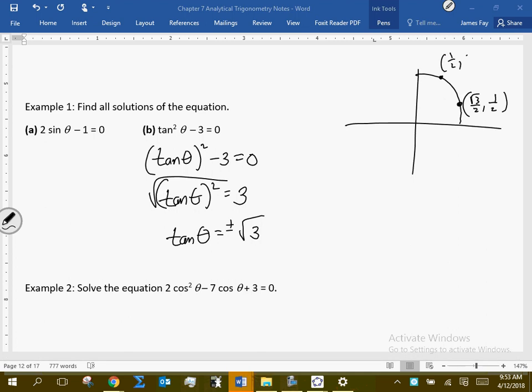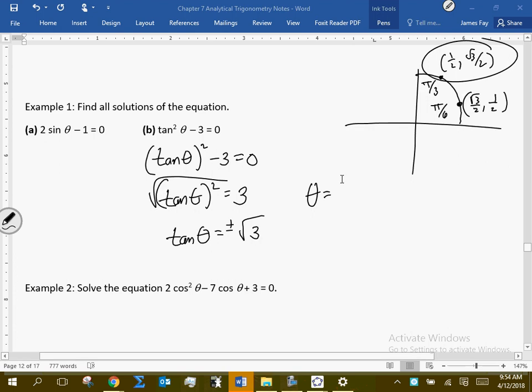This is 1/2 comma radical 3 over 2, and this is, again, pi over 6, and this is pi over 3. If I divide these, sine divided by cosine, this is the one that produces radical 3. Is that okay? So theta then is pi over 3. And that's when the square root is positive radical 3.